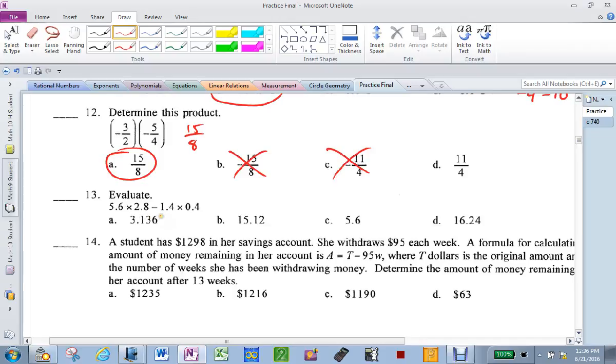Ew, evaluate. That means we actually got to do the math, don't we? Right? What are you going to do first? This side. And you're going to get an answer, yes? So you're going to do that on your calculator. I'm going to estimate. 6 times 3 is 18, yes?